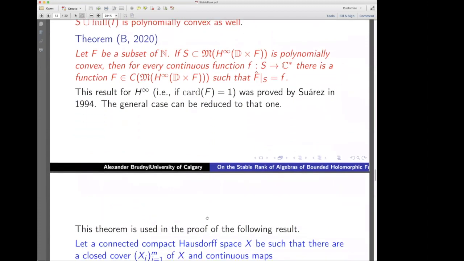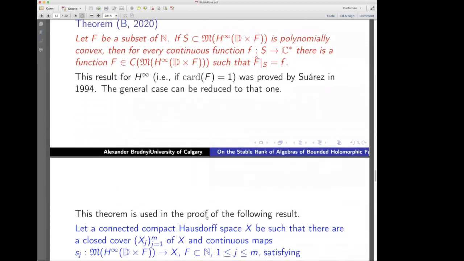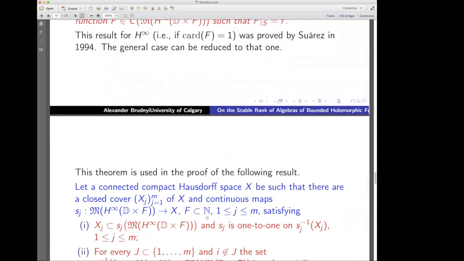So this theorem we use in the following result, also of general nature.